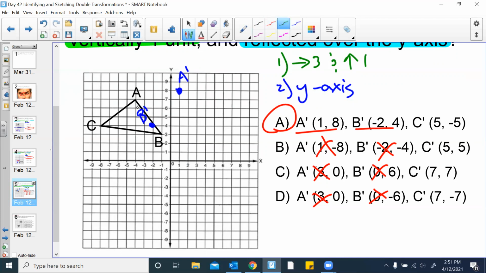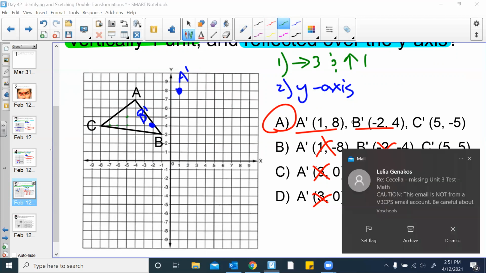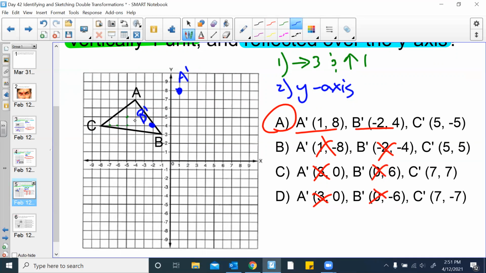And just because we can, let's do C. We come 1, 2, 3, and then up 1. And then we're going to go 5 to get to the y. So we have to go 1, 2, 3, 4, 5 past it. And that'll be C prime. All right, and when we graph this point, we'll get 5, 5.